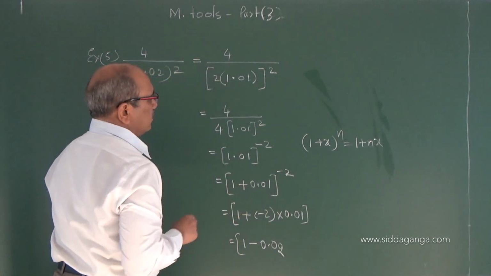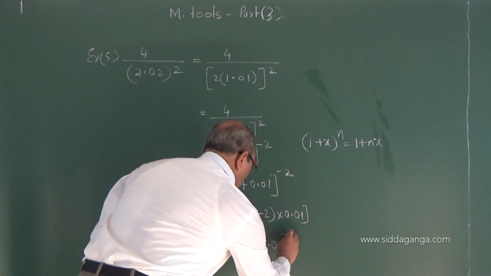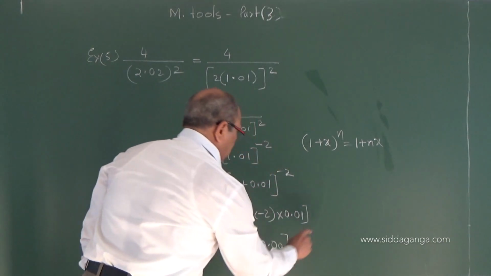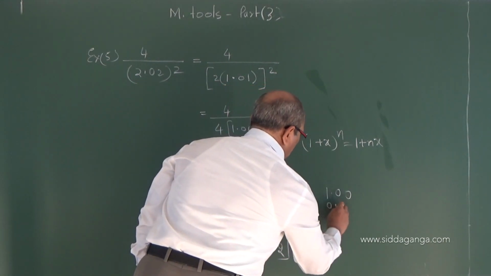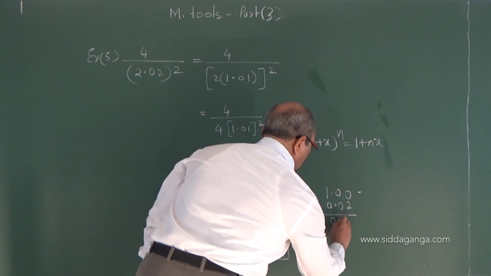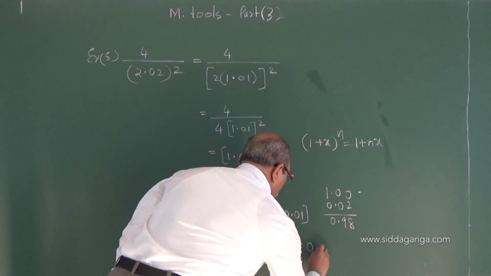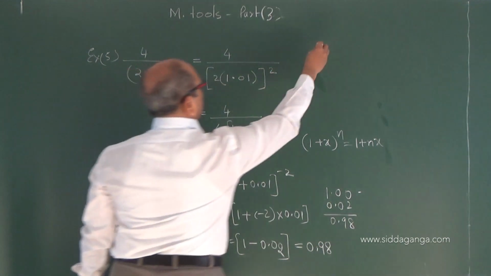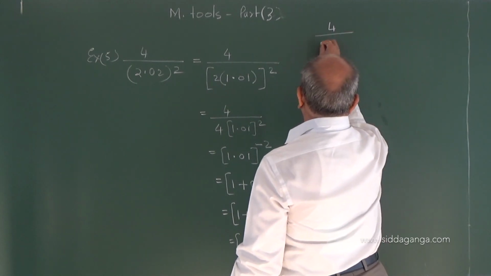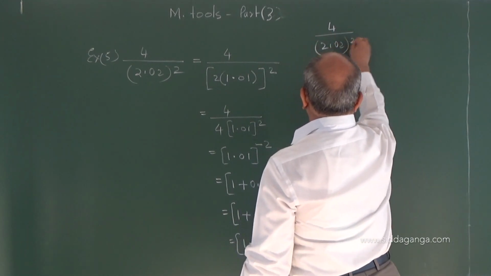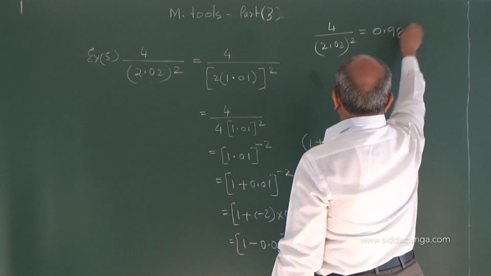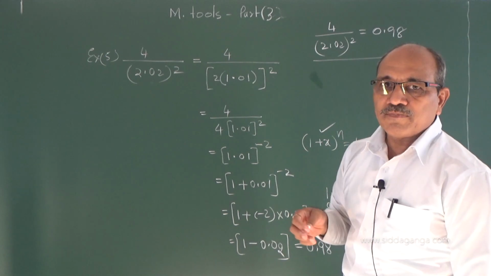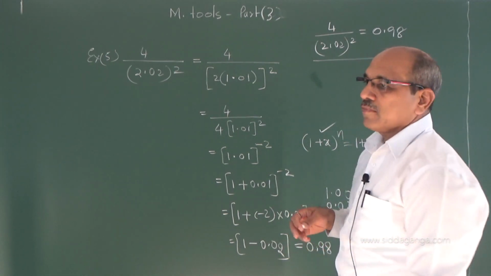If you subtract 0.02 from 1.0, it gives you 0.98. 0.98 is the answer to this. Therefore, 4 by 2.02 whole square can be written as 0.98. See how this binomial relation helps us get simple solutions easily.